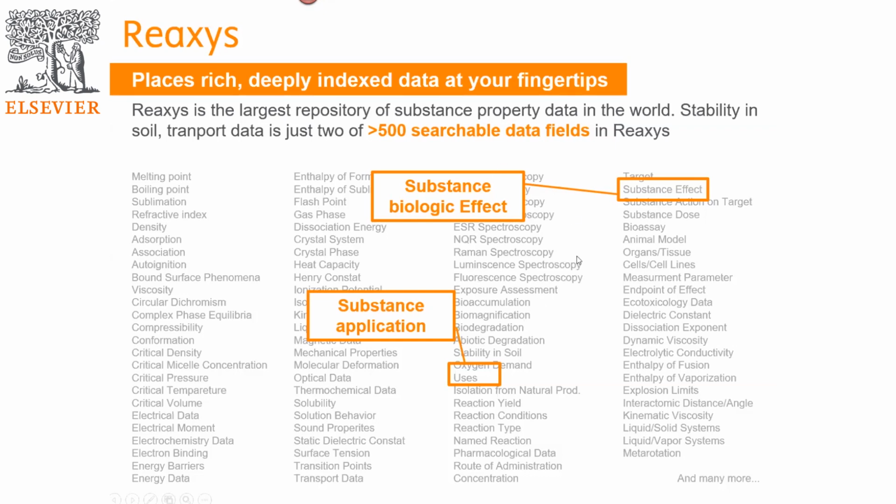We have spectroscopical properties, so you would be able to find the best technique to analyze some compounds. Also, we have bioactivity data, substance effect, targets which interact with the molecule. We have information about substance applications, and a very big variety of environment data, like bioaccumulation, biodegradation, etc., and abiotic degradation, stability in soil, oxygen demand. We will focus on this later today.